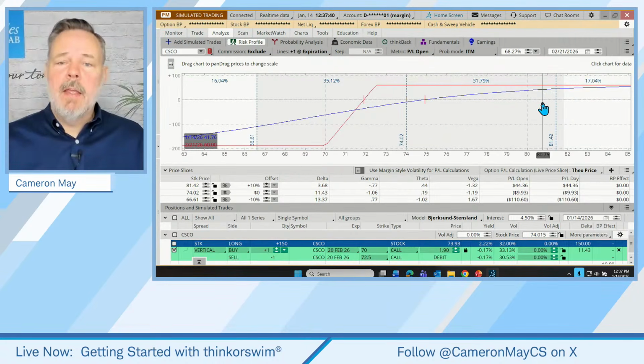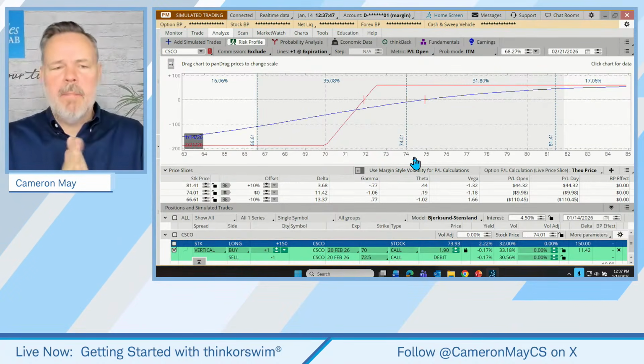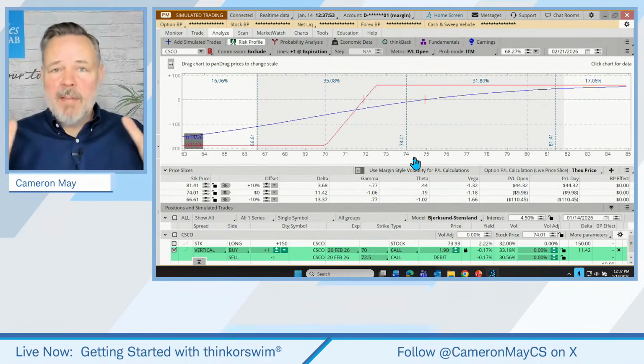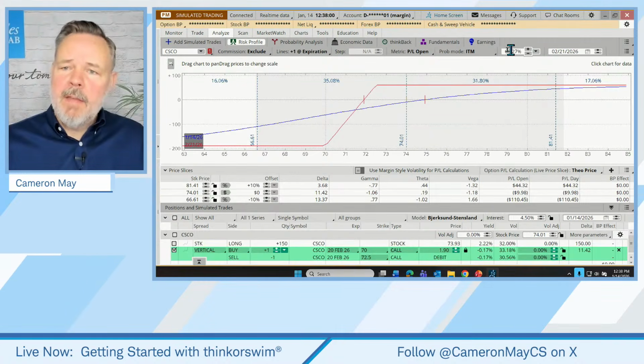Well, this gray area is looking at how likely, if a trader were trying to describe the likelihood of the stock falling by February 21st within a given range of prices, where would that range go? Well, by default, we're going to look at a 68% probability.